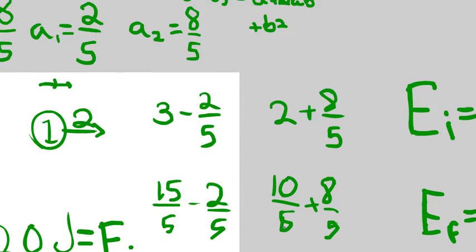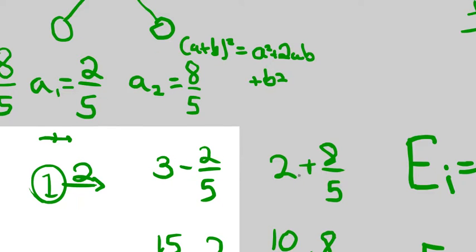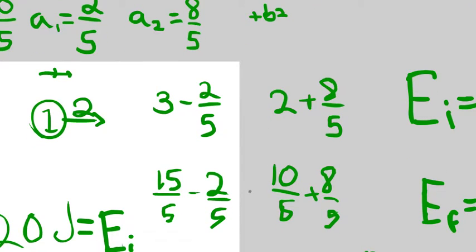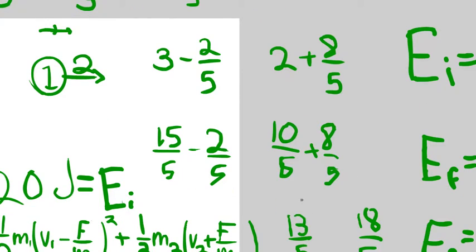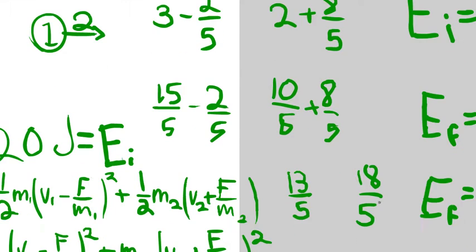And the way I'm going to do that right here, the velocity of the first object here is 2. So we add that to the 8/5. So 2 plus 8/5 is the same as 10/5 plus 8/5, because 2 is 10/5. And if you do 10/5 plus 8/5, you get 18/5.